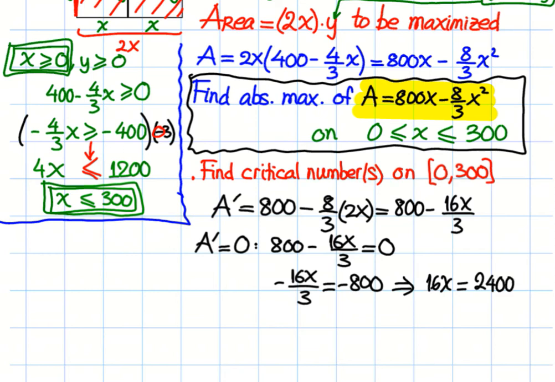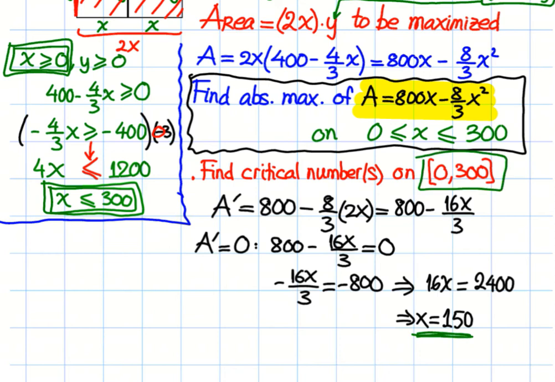Divide by 16 on both sides, and we have x equal to 2400 over 16, that is 150. And certainly the point 150 is between 0 and 300.